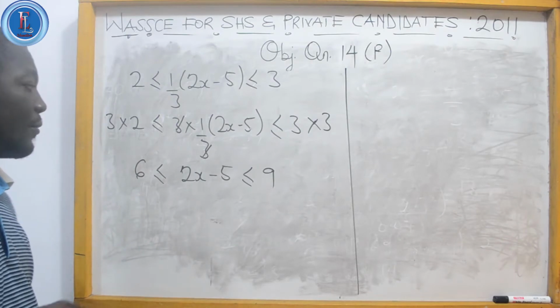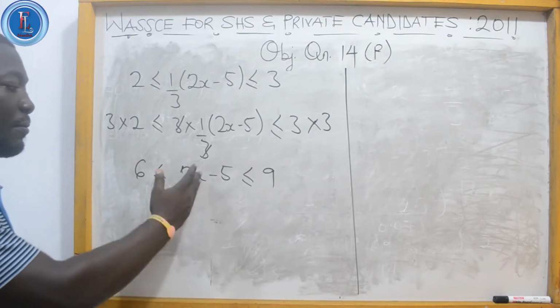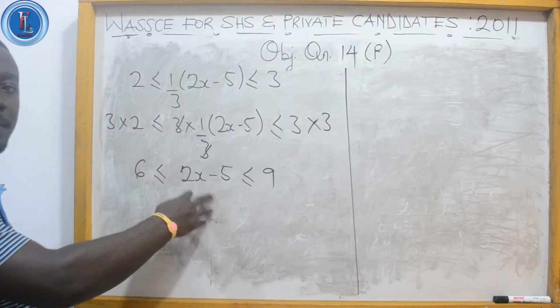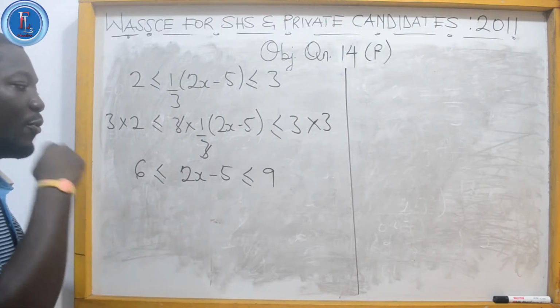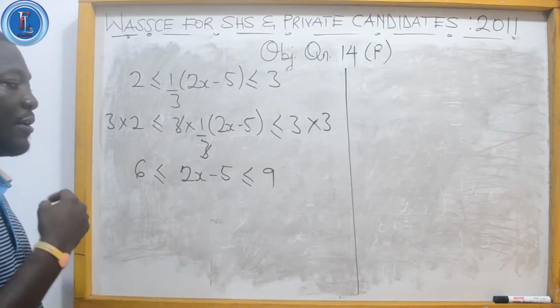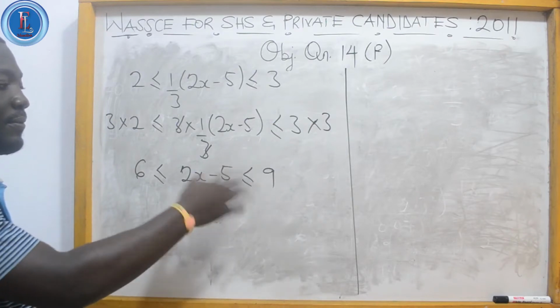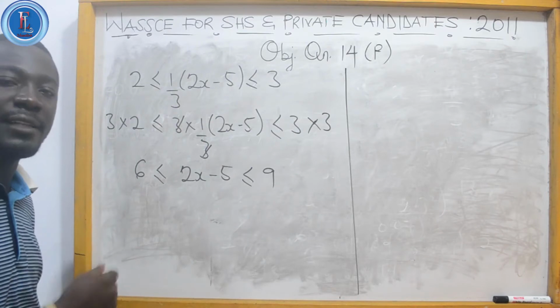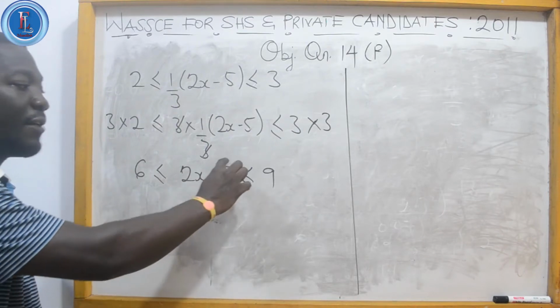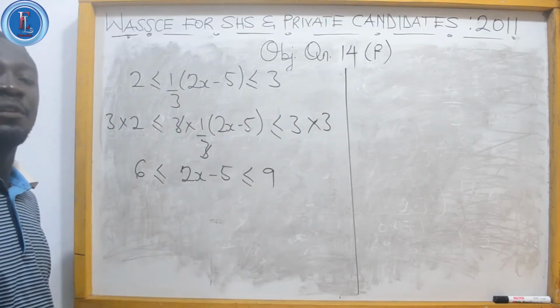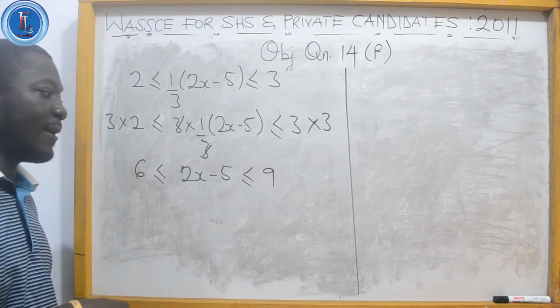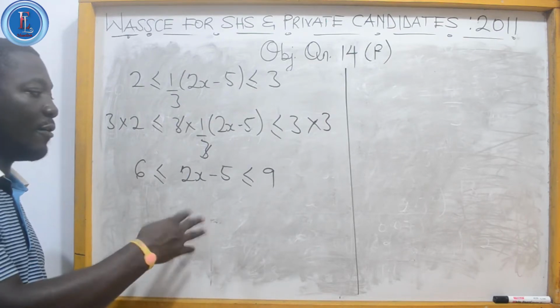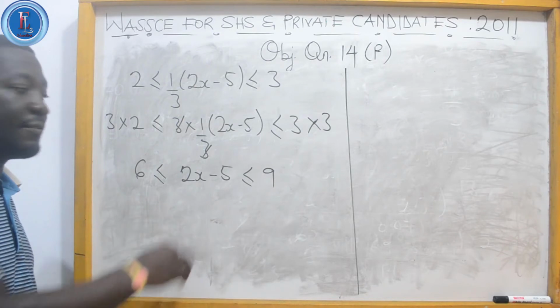Now we want to make x the subject at the middle here. So what we have to do is to transpose this to the other side. So what we will do to get rid of this is to add positive 5. To get rid of negative 5, you have to add positive 5. That's the negative of this negative 5.